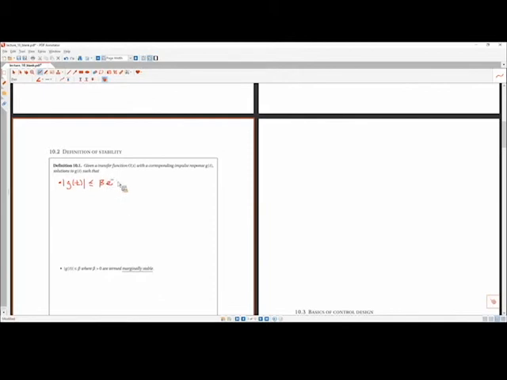So we have positive constants, beta and alpha. If this is true, the system is stable. By that, we mean that we have some impulse response of our system.